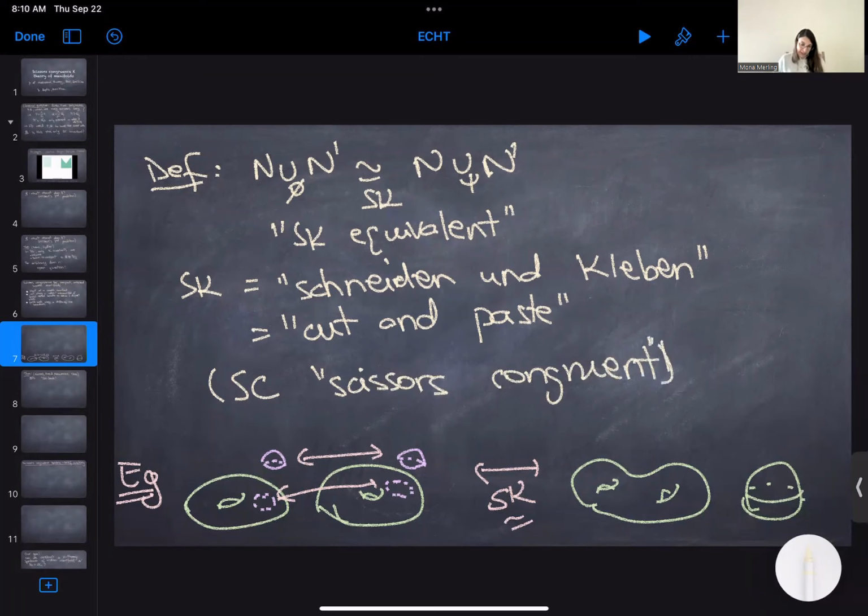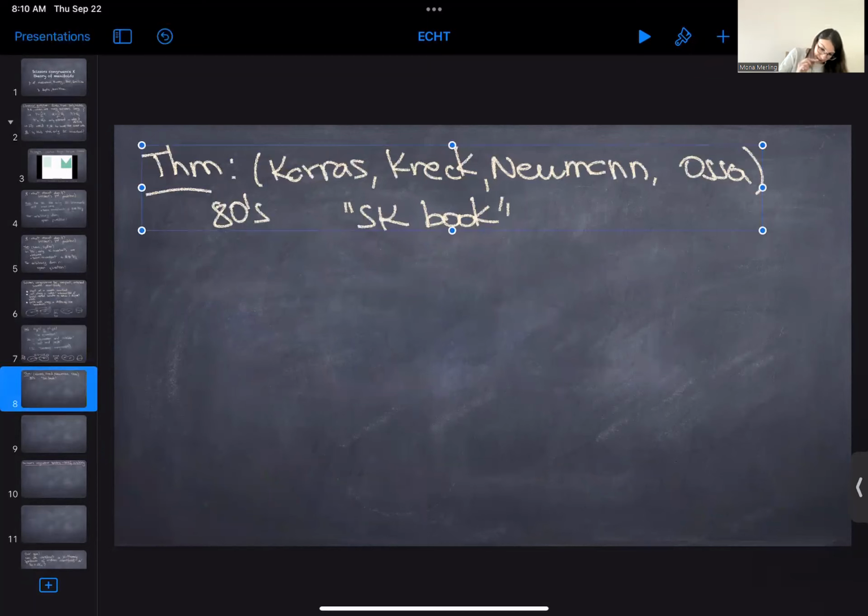The SK is just historical, because this concept was introduced in the 80s in a book by Karras, Kamps, Neumann, and Ossa. This goes under the name the SK book informally.